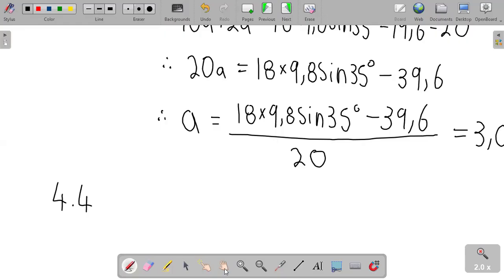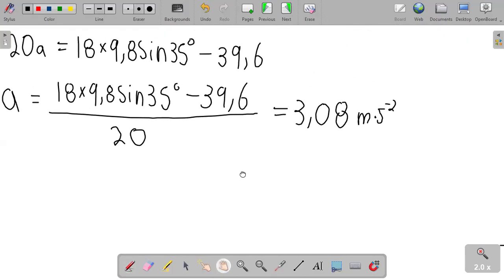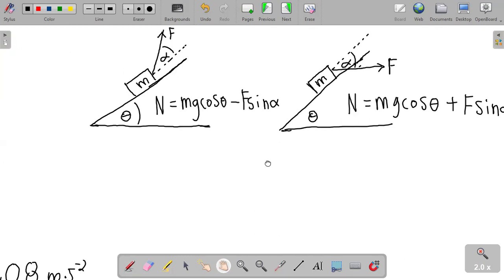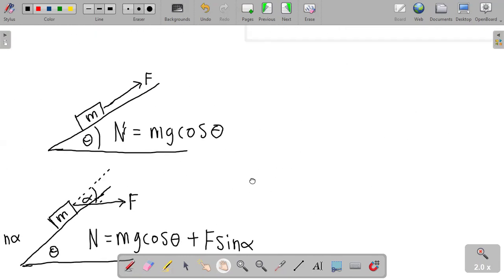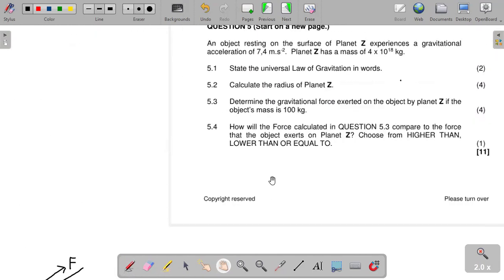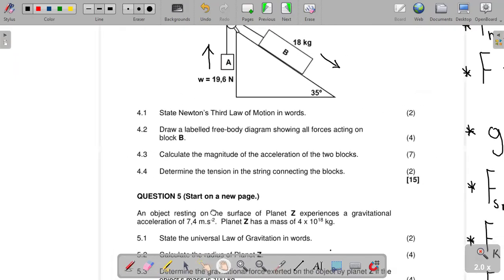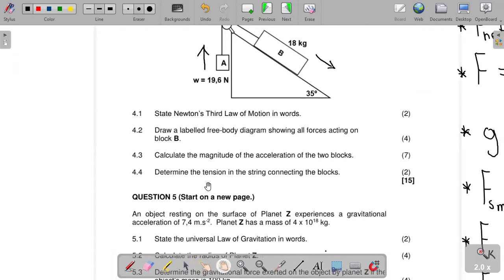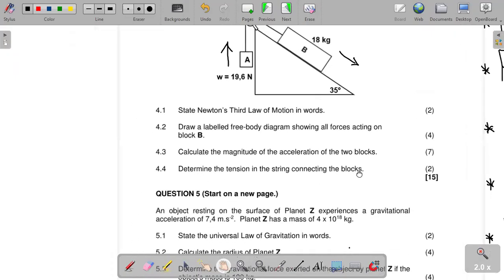So let us look at 4.4. They say determine the tension in the string connecting the blocks.